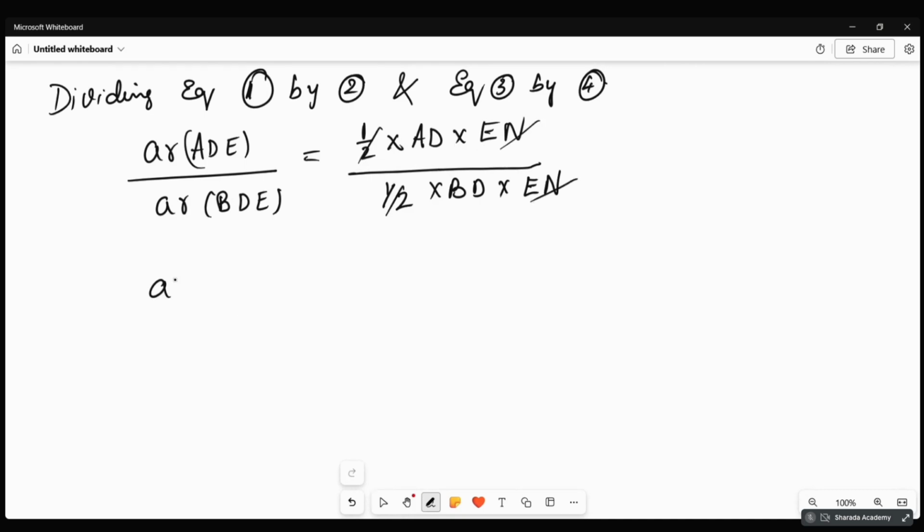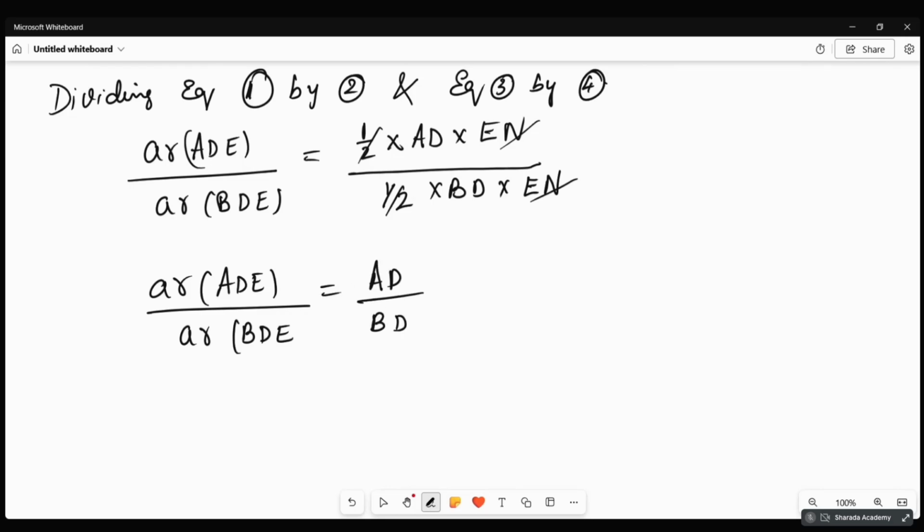So area of ADE by area of BDE is equal to AD by BD.